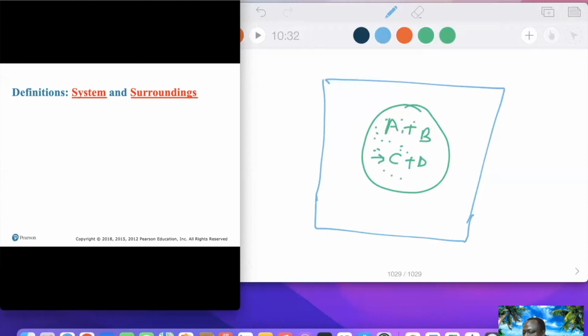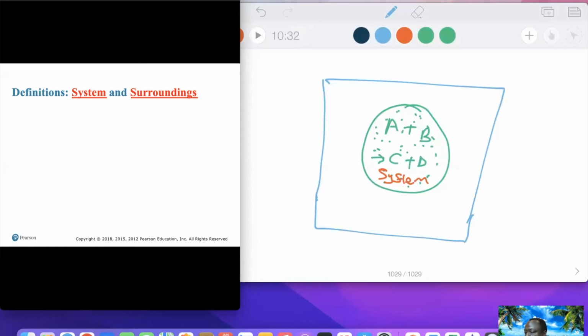Assume that this is the reaction flask in the lab, or maybe a beaker in the lab where you put two reagents together, and either heat is given off or heat is absorbed from outside, from the lab. In this case, we call this the system. That is where the reagents are.